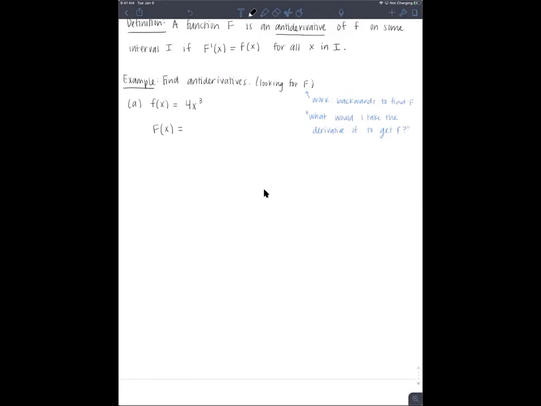Yeah, it had to be x to the fourth, right? Nothing else, when I take the derivative of it, is going to give me 4x cubed. And so here, it's x to the power of 4. Is everybody okay with that, with just the fact that antiderivatives, you're essentially just working backwards? Instead of finding the derivative, you're finding the thing that gave you that as its derivative.